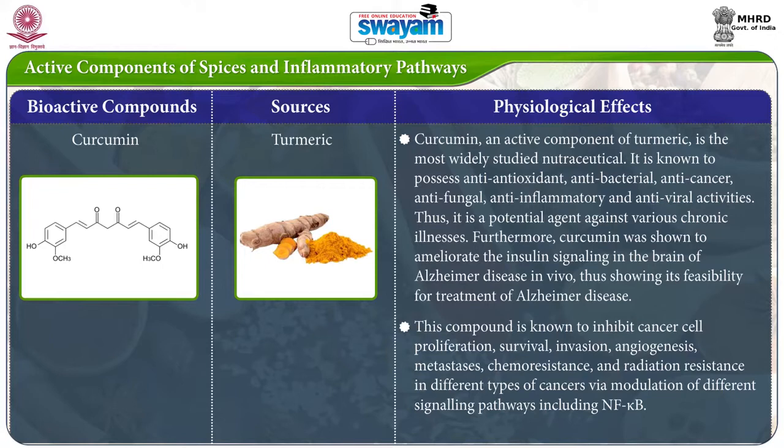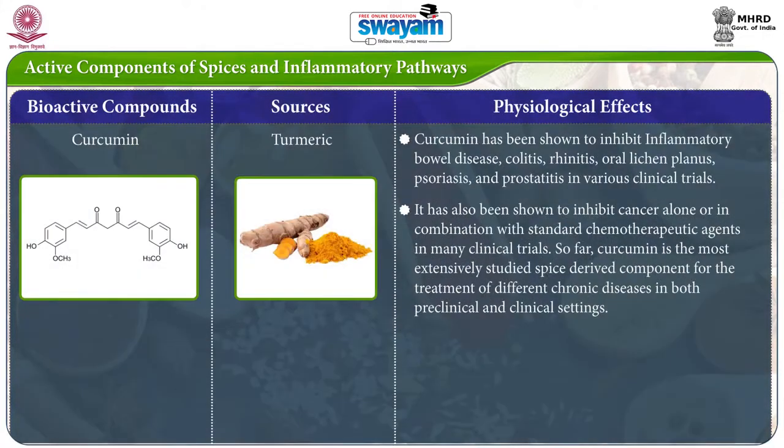This compound is known to inhibit cancer cell proliferation, survival, invasion, angiogenesis, metastasis, chemoresistance and radiation resistance in different types of cancers via modulation of different signaling pathways including nuclear factor kappa B. Curcumin has been shown to inhibit inflammatory bowel diseases, colitis, rhinitis, oral lichen planus, psoriasis and prostatitis in various clinical trials.